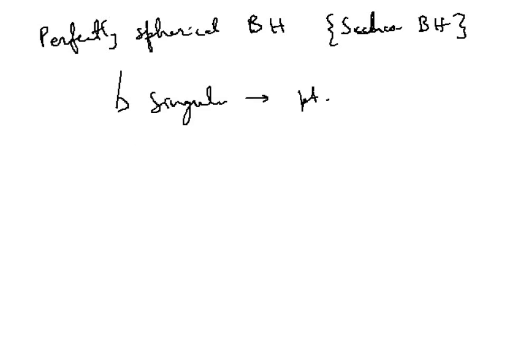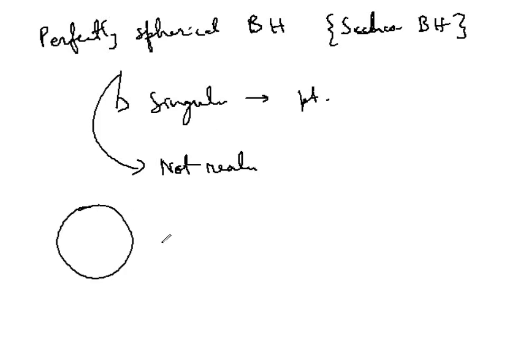However, you must also understand that this is not realistic. Why? Because if I add a small mass, as it falls towards this Schwarzschild black hole, then once it falls into the black hole, it will not remain a spherical black hole.